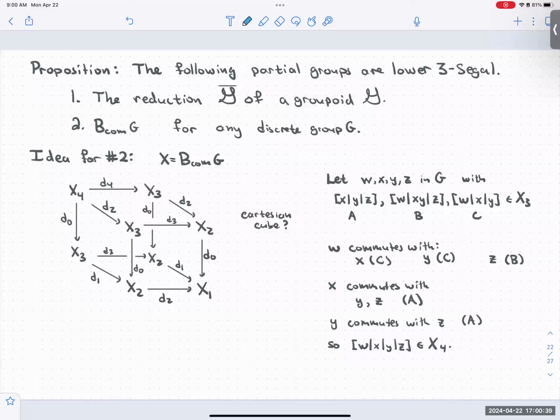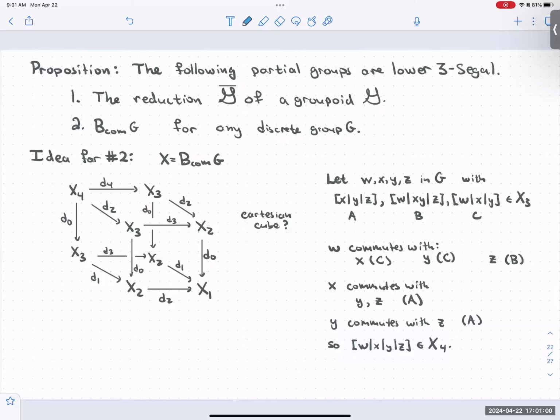If you were following Tashi's work, do you have an excisiveness explanation for this? So no, everything we're doing is just looking at the particular Cartesian cubes that we have to look at. Okay. Right.